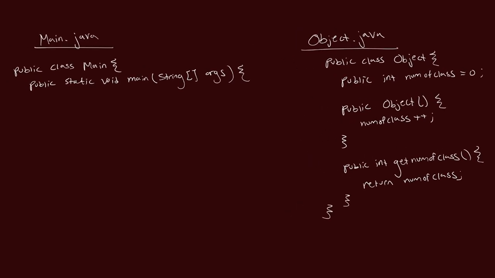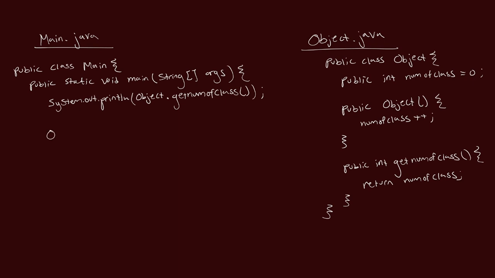Before we ever call our object, we can actually see the num of classes value beforehand. To do this, we call our class name, Object, and then dot get num of classes. This should print out 0 because we didn't call our constructor at all yet.